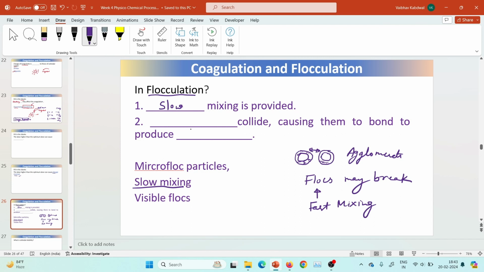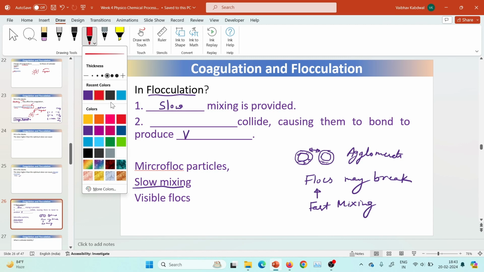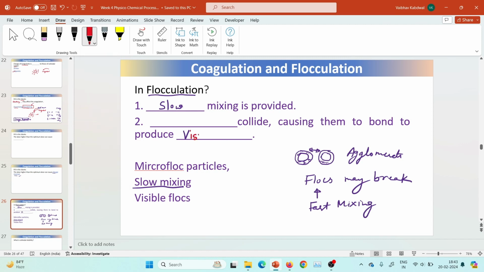So what is the second question? Dash particles collide causing them to bond to produce visible flocs.